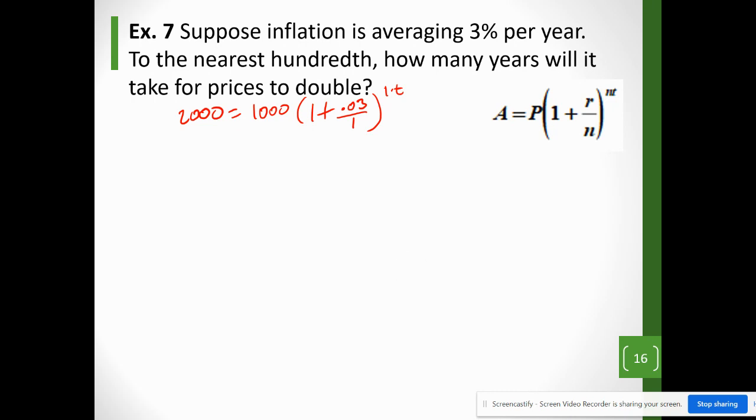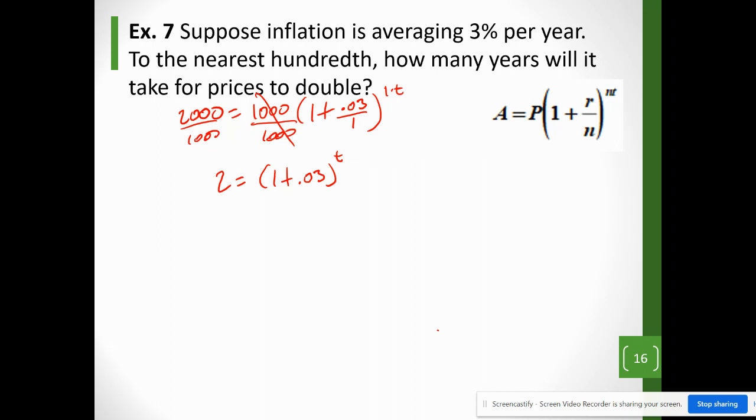To begin with, I can divide both sides by 1,000. All right, to make things easy, I'm going to cancel that out. So I have 2,000 divided by 1,000, I have 2. So I have that 2 is equal to 1 plus 0.03 to the t. And notice how I did 0.03 over 1 is just 0.03, right?